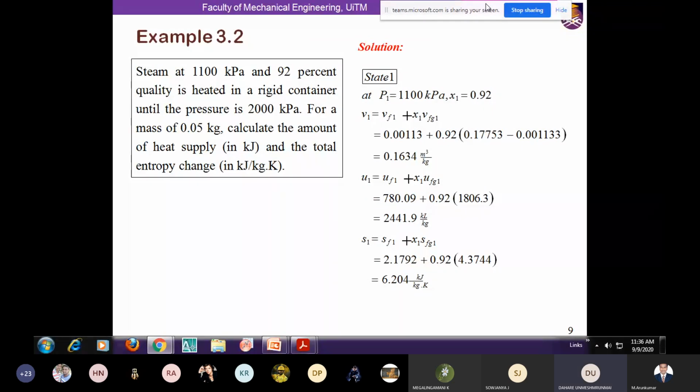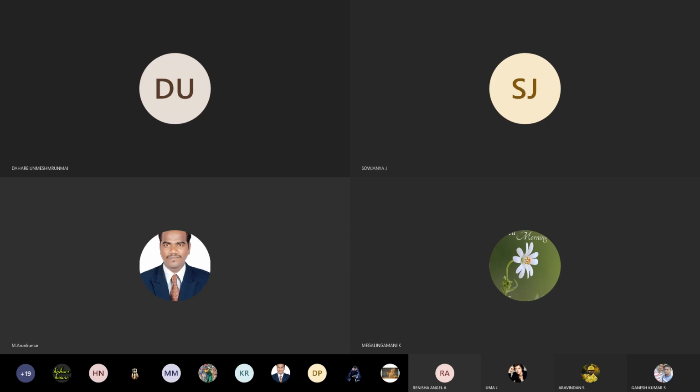Sir, the slide is not visible. Sorry, come again, I didn't get you. Sir, the slide is not visible. What about for others? Wait, I will reopen. Stop sharing. Escape, then again go to things, then share.